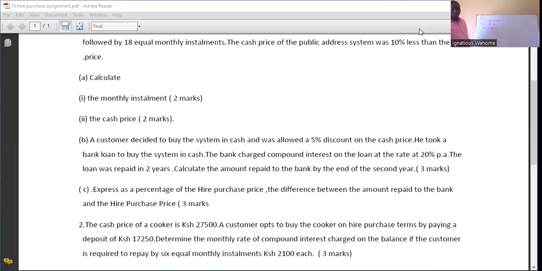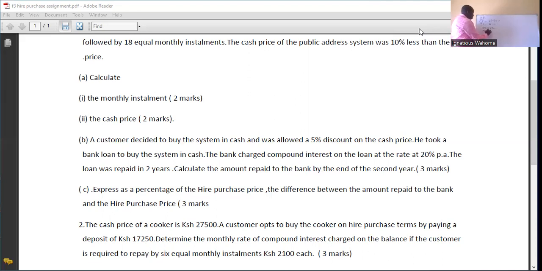So determine the monthly rate of compound interest. You can see the keyword there. Monthly rate of compound interest charged on the balance, if the customer is required to repay by 6 monthly installments.